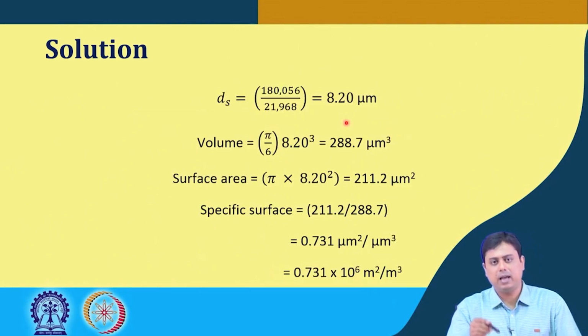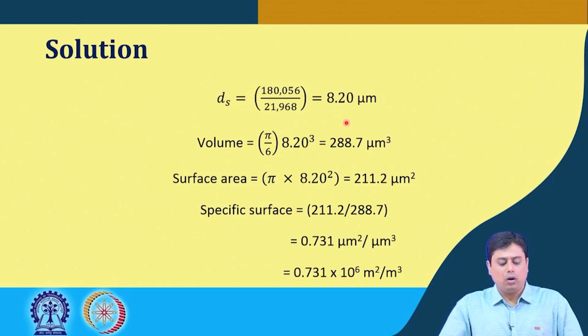From this surface mean diameter, considering that all the particles are spherical with that dimension, you can easily calculate its volume and its surface area. Surface area divided by volume, which is the surface area per unit volume, is the specific surface for this problem.